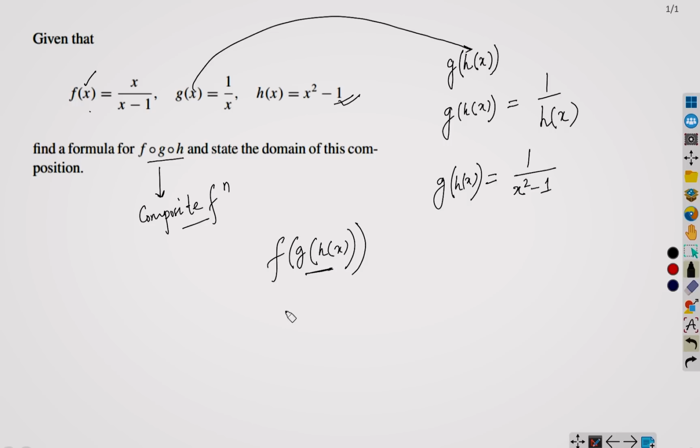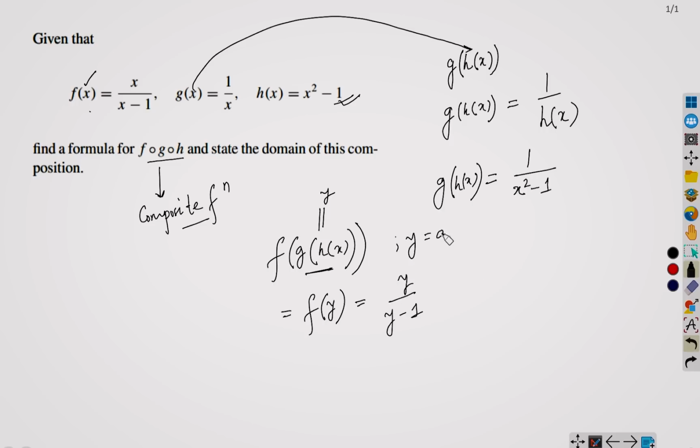So f of g of h(x), let's say this equals y. Okay, so how is f(x) defined? f(x) is x by x minus 1. Therefore if we assume this as y, f of y, we know from the definition, is y by y minus 1.